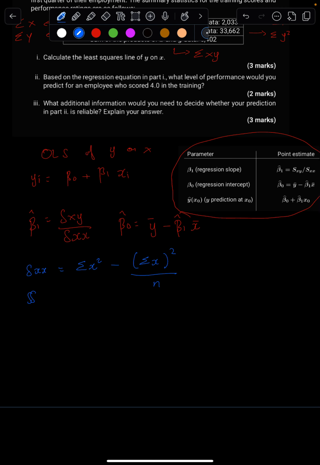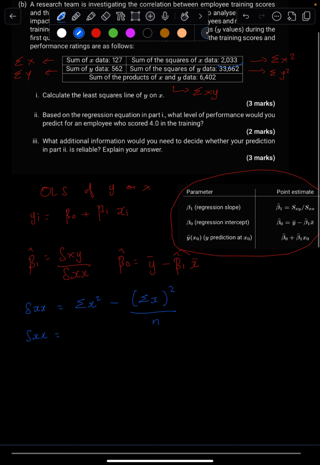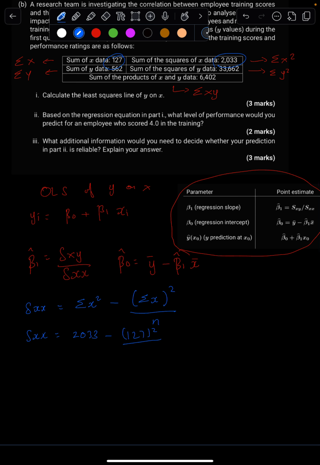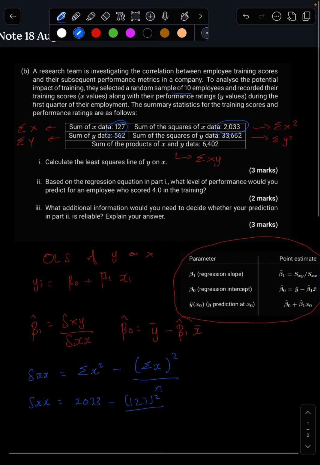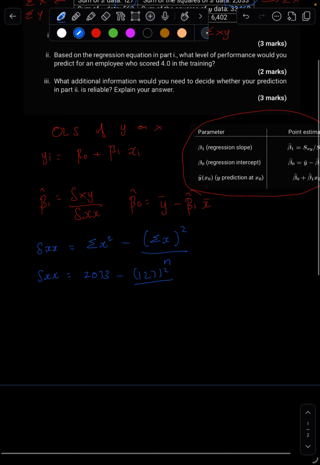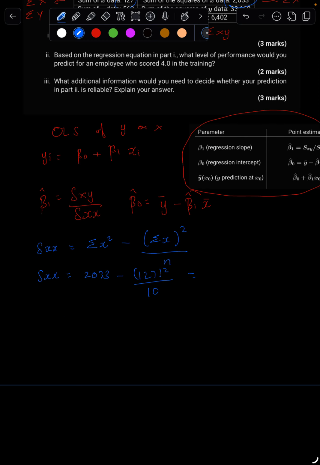Just applying it to our question, it's going to be 2033 minus 127 squared divided by n, which is over here, a random sample of 10 employees, so divided by 10. When you use the calculator, you're going to get 420.1.